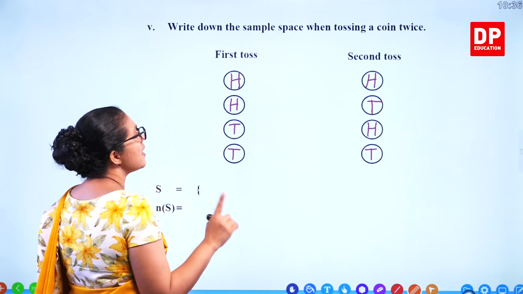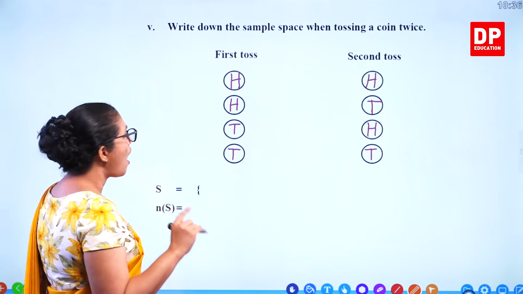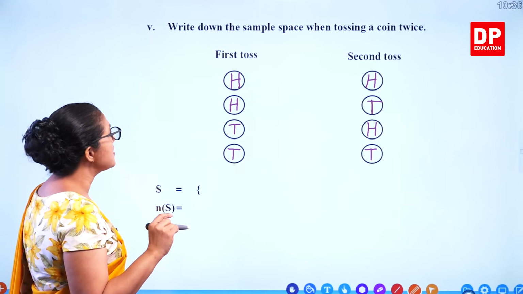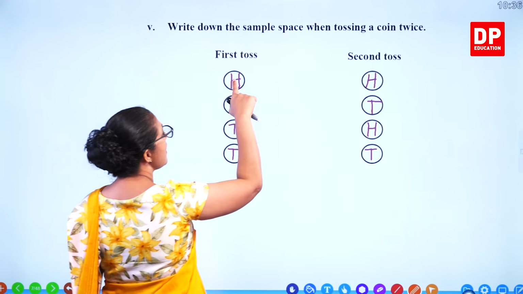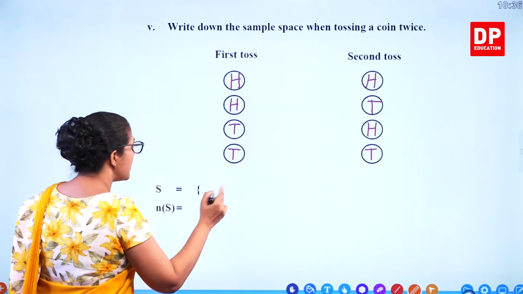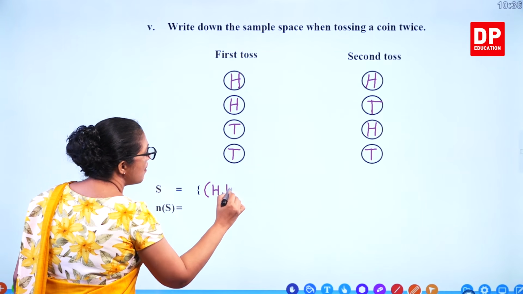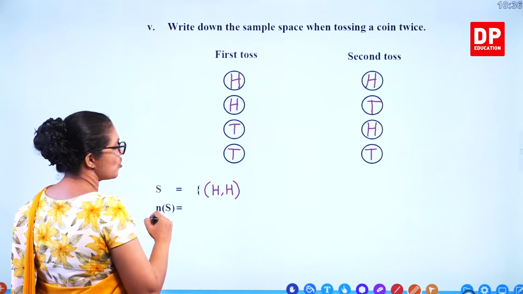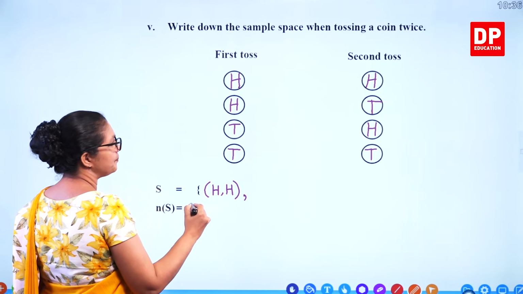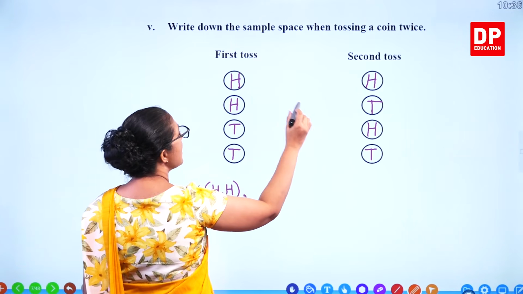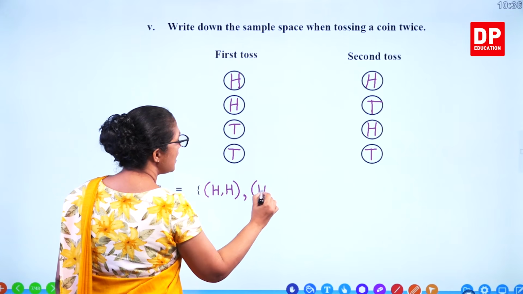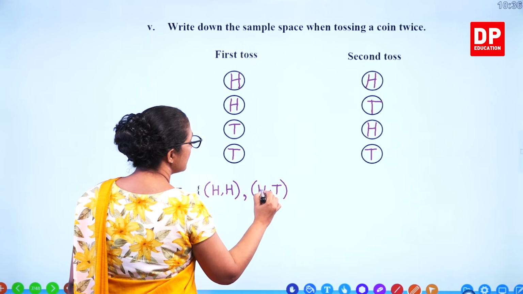So when you are taking all possibilities, how do we write down the sample space? I can write H, H, head and head, in brackets H comma H. That's one possibility. Then H comma T, head with tail.